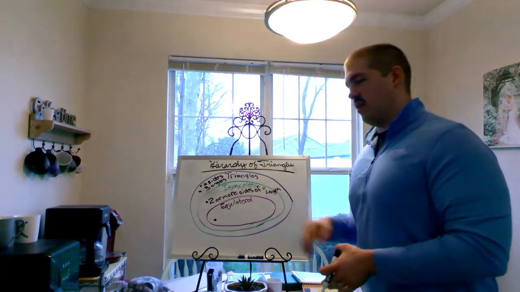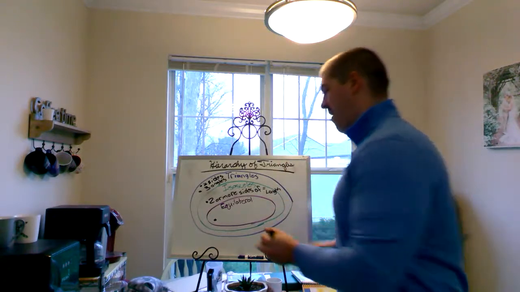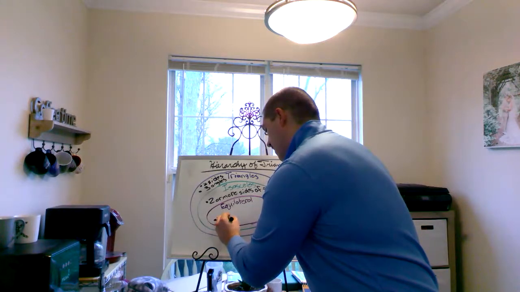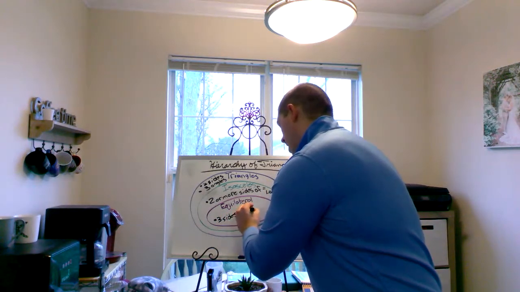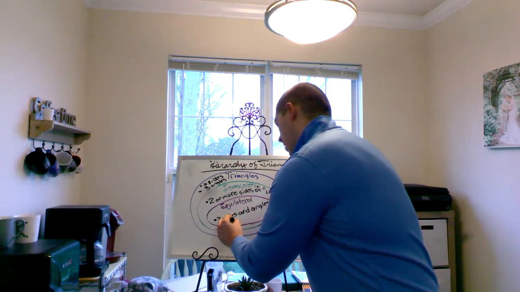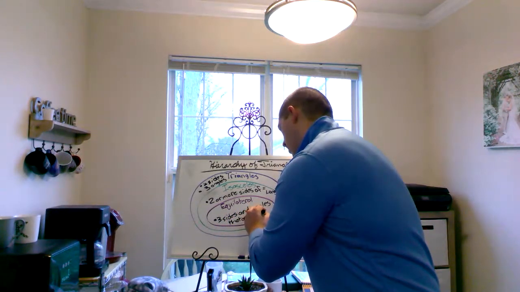So let's look at an equilateral triangle. An equilateral triangle is going to have 3 sides and angles that are equal.